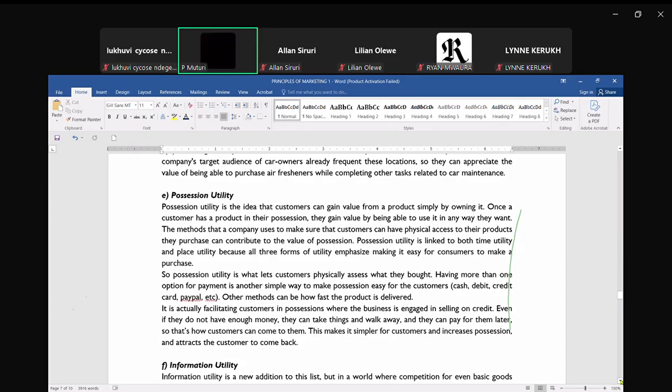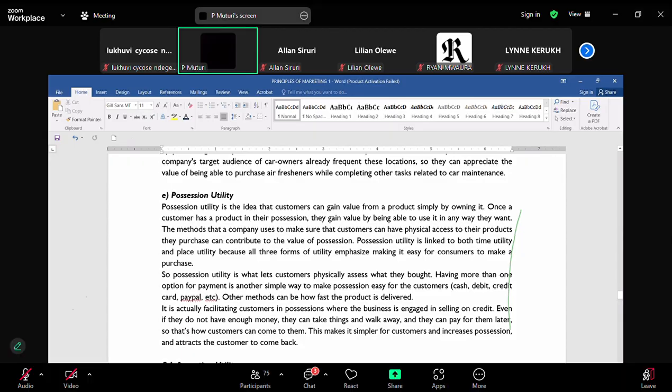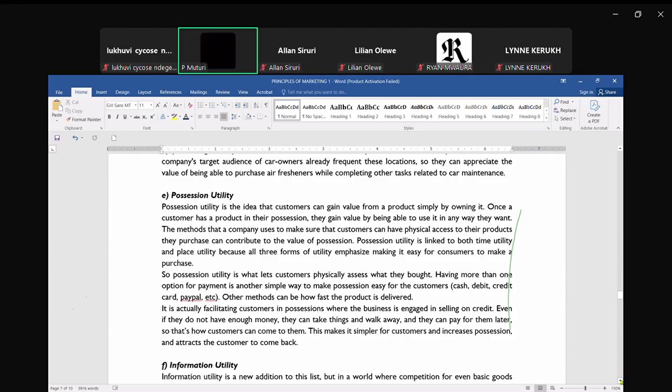For instance, if it's online, payment options, through M-Pesa becomes much easier than when they talk about you have to enter your credit card and debit card details, which gets a bit uncomfortable. So make it as easy or as convenient for the customer, the payment options, how to pay for the product.